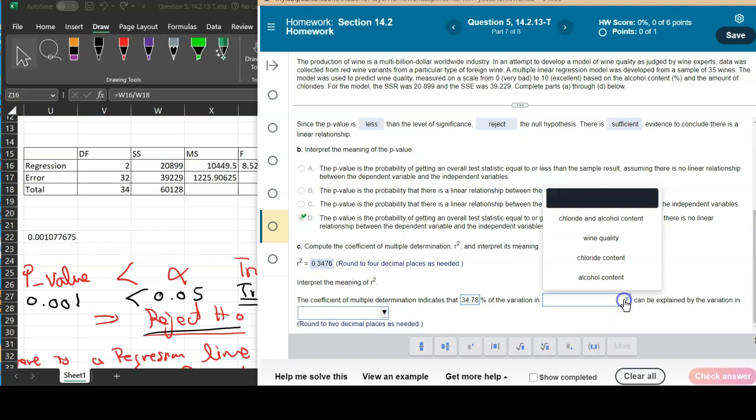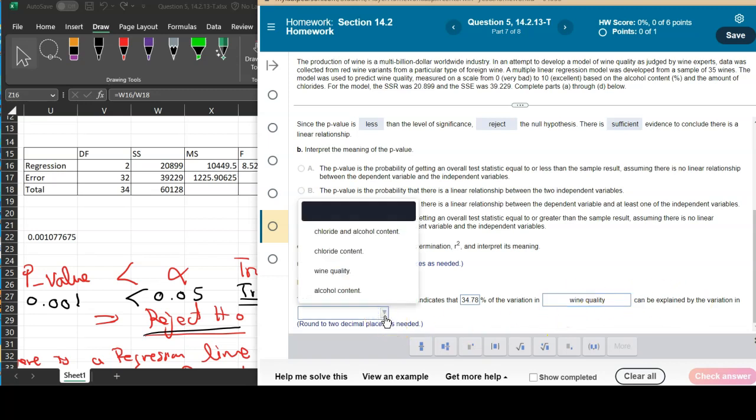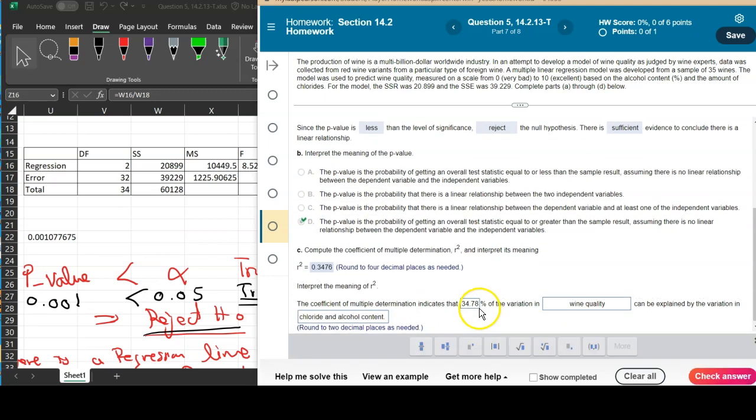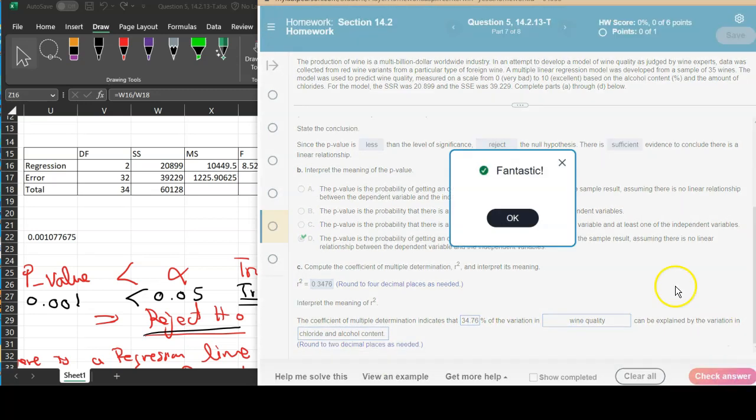The dependent variable is the wine quality here. It can be explained by the variation of the independent variables, and there are 2 of them: alcohol percentage and chloride. It seems that I typed 78 instead of 76, so 76 here, and the rest is still the same.